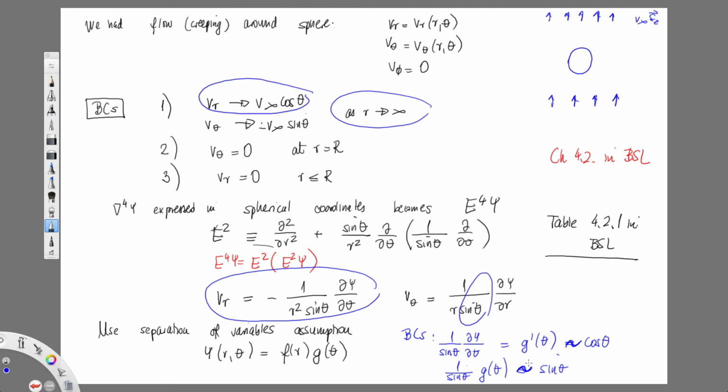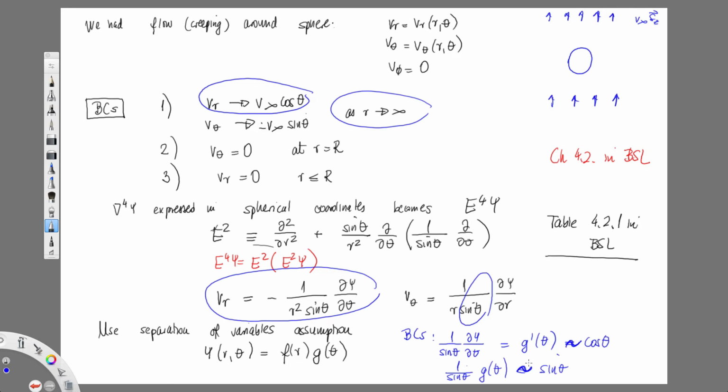But the main meat: if my g of theta is sine squared theta, g prime of theta is 2 sine cosine, correct? So when I divide it by sine, I'm going to have something to do with cosine, and there will be a 2 in there. 2 I can always accommodate. So whatever is missing, maybe a multiplier which is a constant, I can place into this function f of r, not a problem, to make this work.